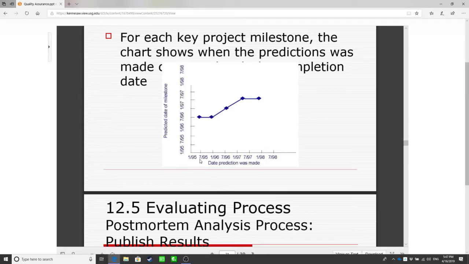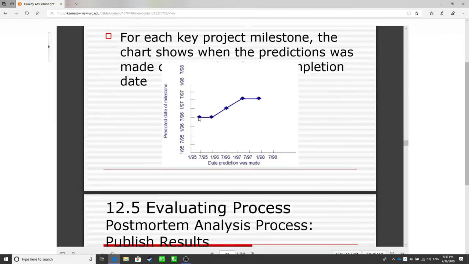That means in July 95, we made a prediction that this task can be finished in July 96. So here we predict that this task will be finished a year later. And in January 96, we still predict that this task can be finished in July 96. So that gives about 6 months to finish this task.